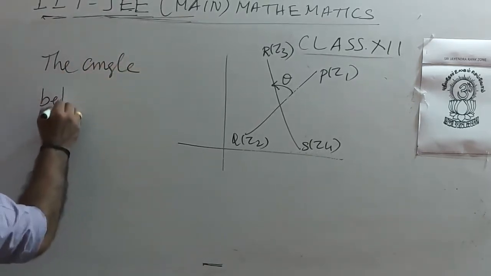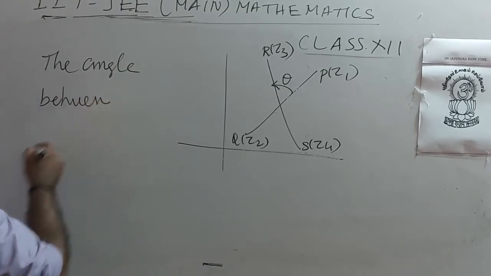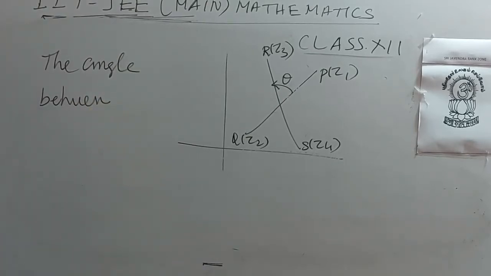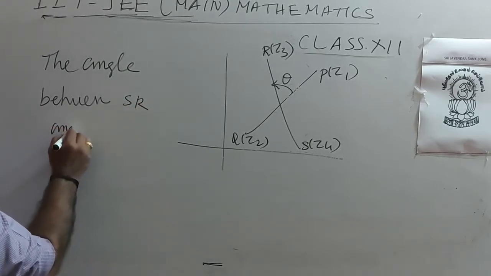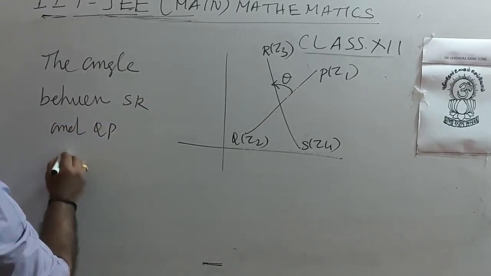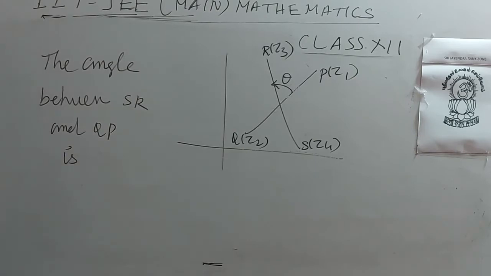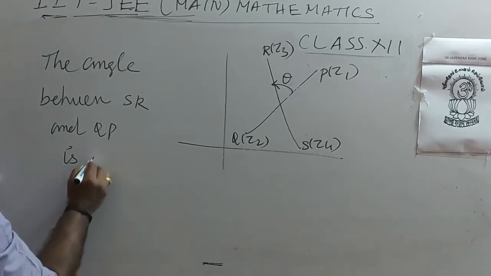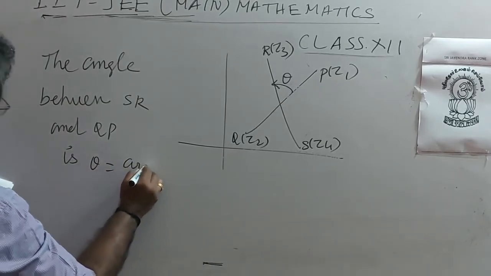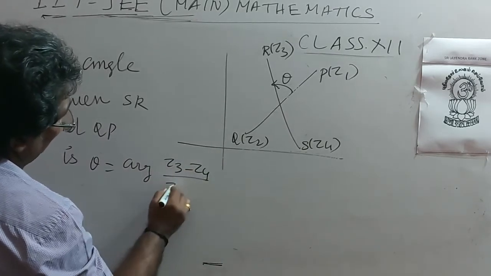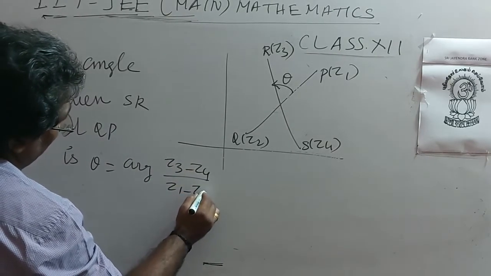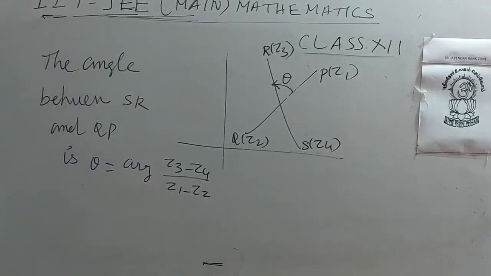The angle between SR and QP is theta equal to argument of Z3 minus Z4 divided by Z1 minus Z2.